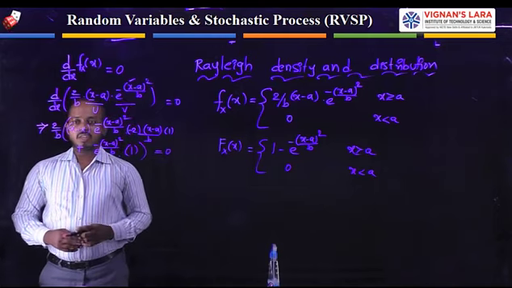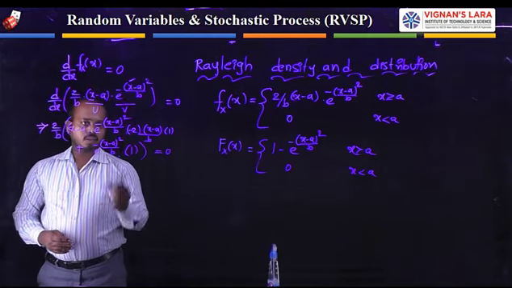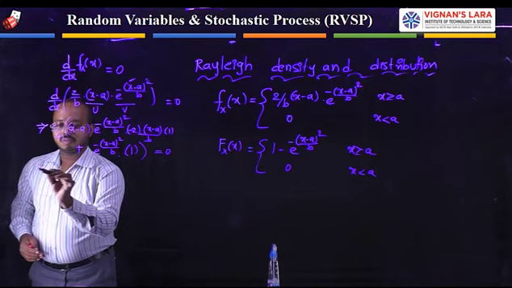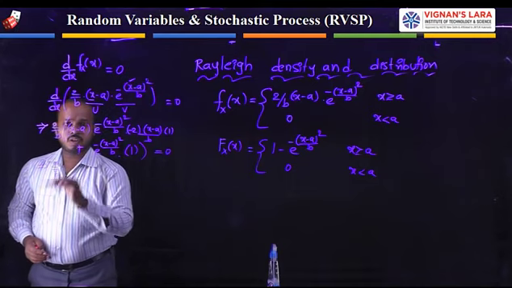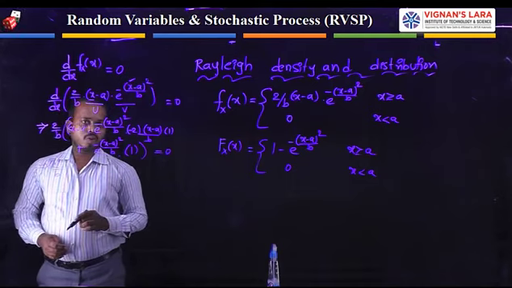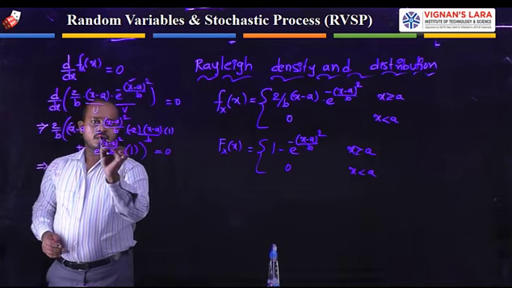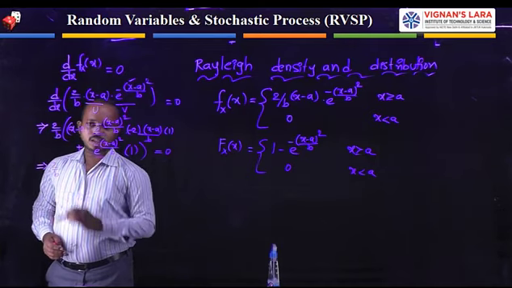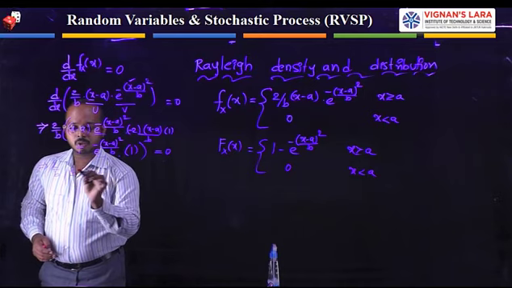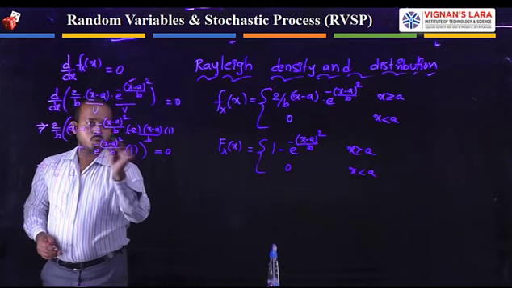Now if any terms are common, you can take the common terms. 2 by b is already common, except this value, the remaining. Here there is the exponential term, and here also there is the exponential term. I'm also taking the exponential term as a common term from these two terms.